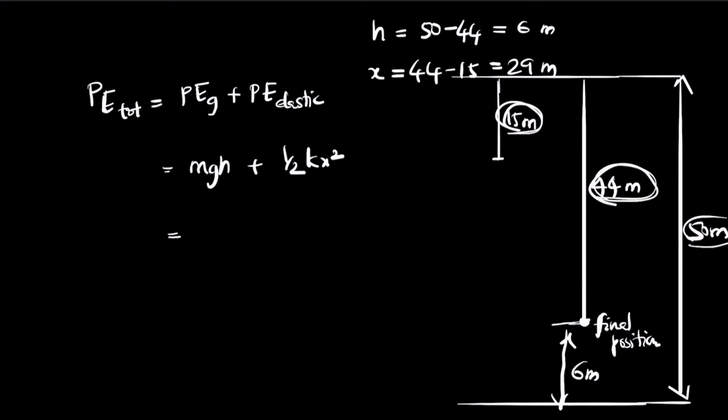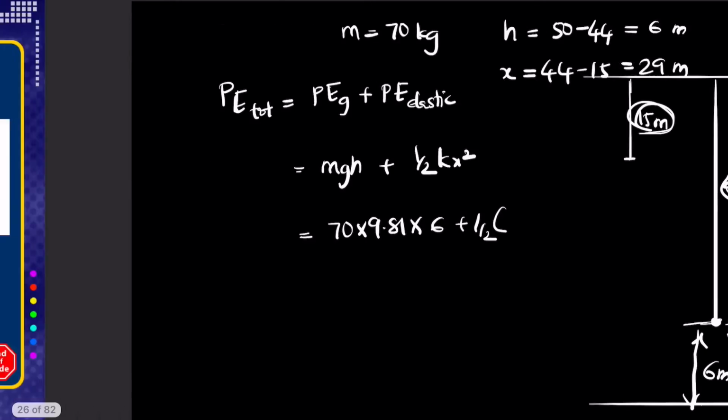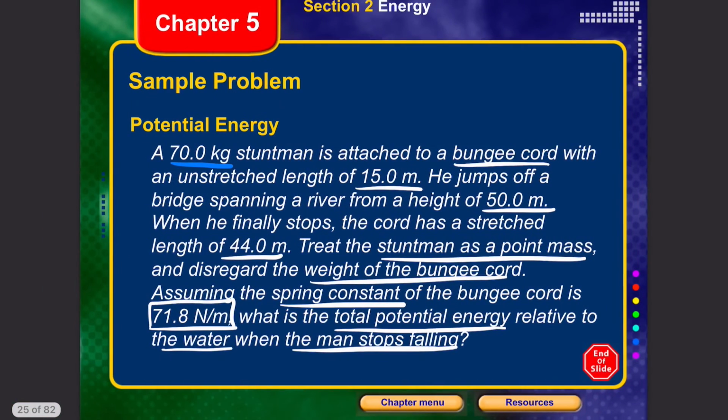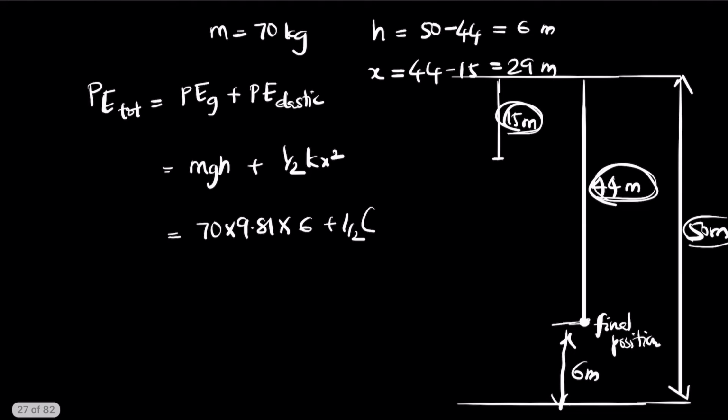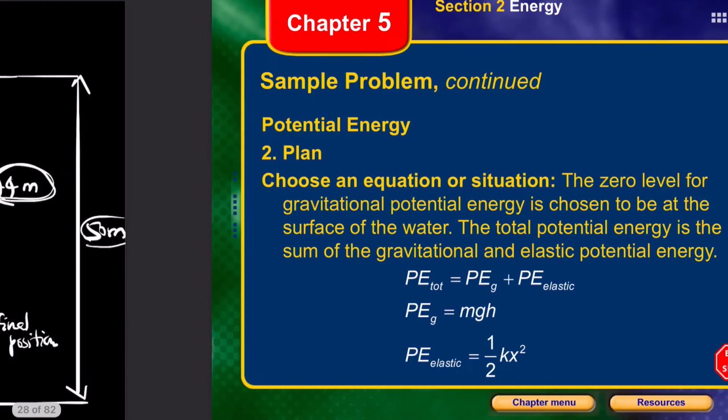So m is given as 70 kilograms. So 70 times 9.81 times the height, which is 6, plus half times k. K is given in the problem as 71.8 Newton per meter. So 71.8 times x, which is 29 squared.